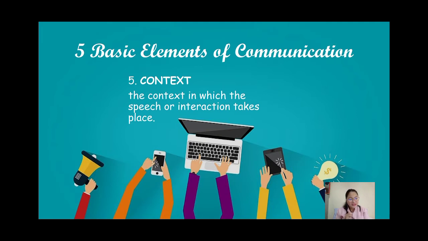People communicate differently in each of these places as there are unwritten rules for communication. These are called norms, which govern the setting of the communication.